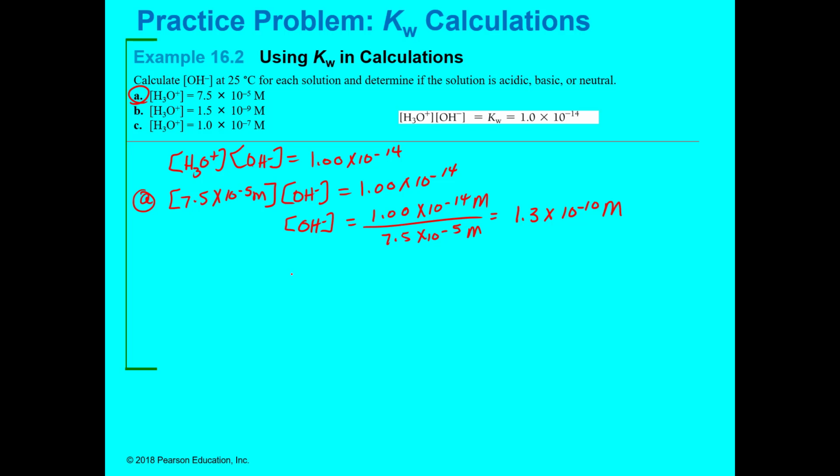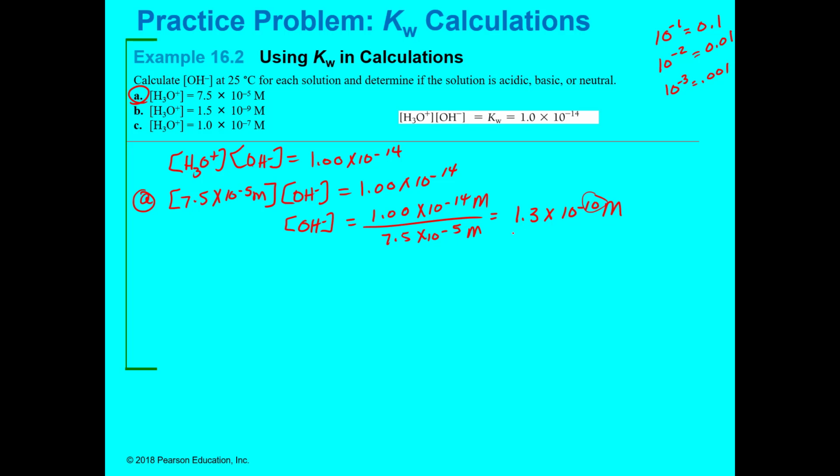And remember that 10 to the minus 1 is 0.1, and 10 to the minus 2 is 0.01, and 10 to the minus 3 is 0.001. So as your exponent gets higher, that means your number is actually smaller.